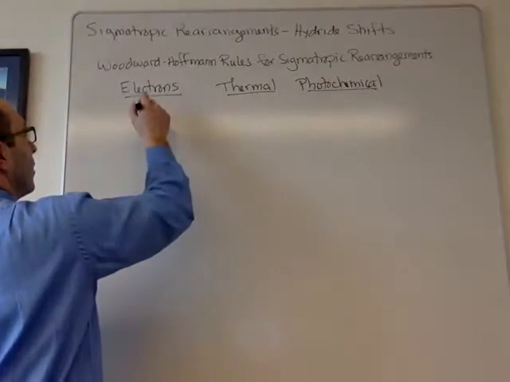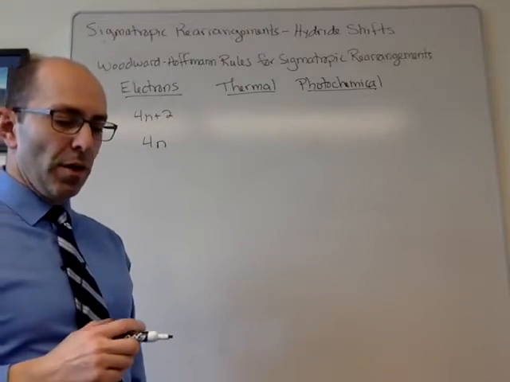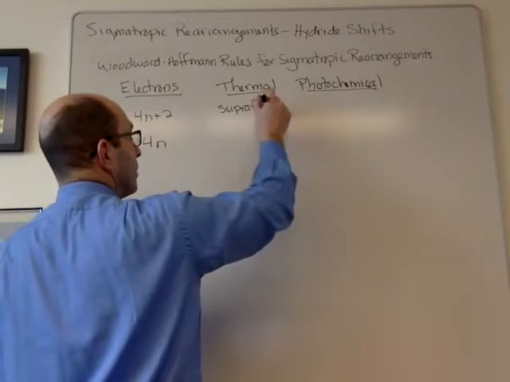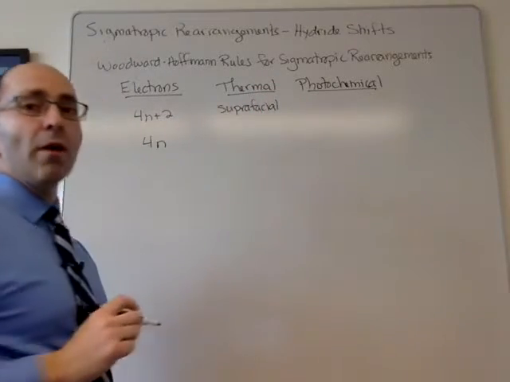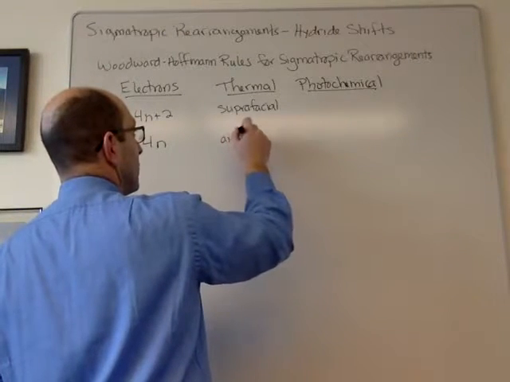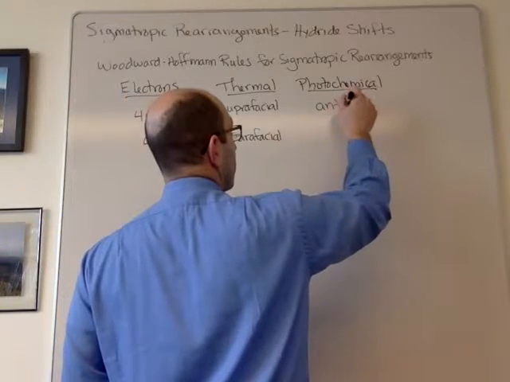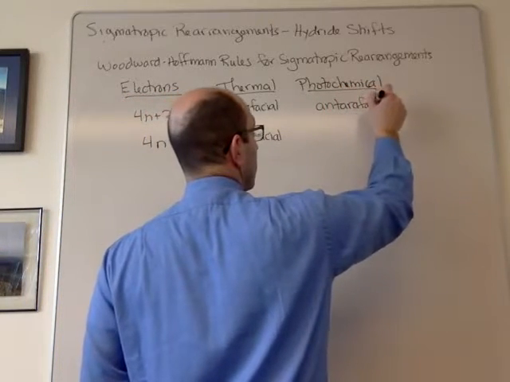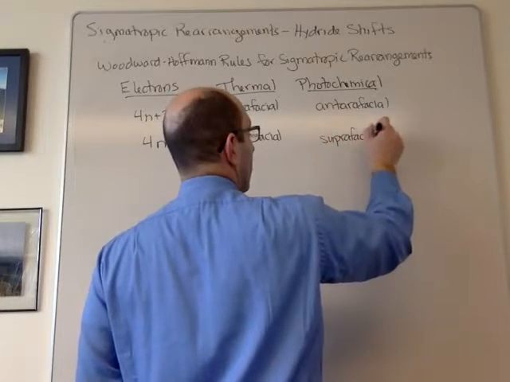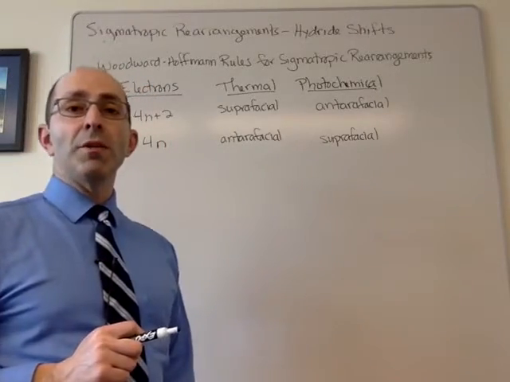All right, so if we have 4n plus 2 or 4n pi electrons, 4n plus 2 thermal is going to be suprafacial. That's what we just saw for the 1,5 hydride shift. So that means that one's going to be antarafacial, antarafacial, and suprafacial for 4n photochemical. That's what we just saw with the 1,3 hydride shift.